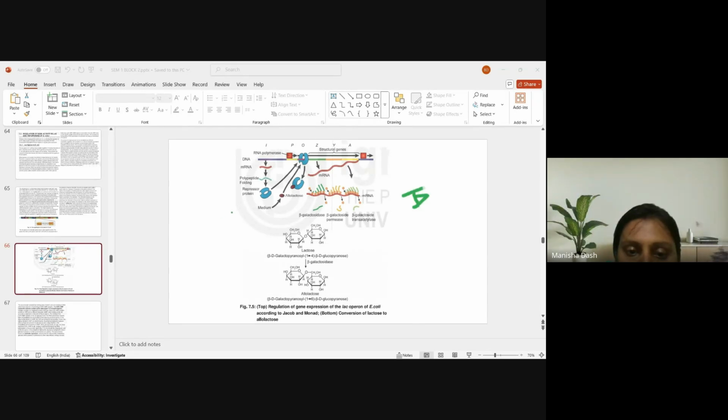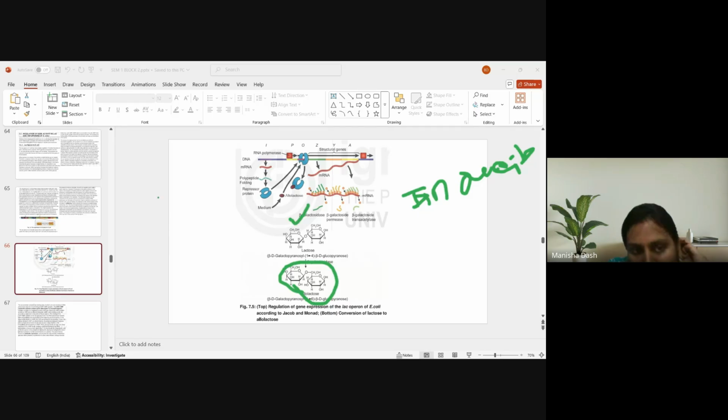Okay, so this is actually an inducible operon. So what is the inducer here? Although it is called the lac operon, the allolactose is the inducer. The allolactose is actually synthesized by beta galactosidase.